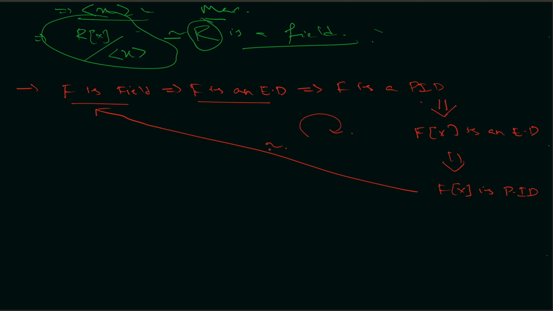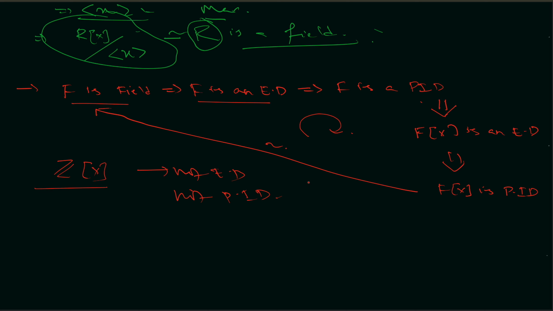But Z[x] is not an ED, not a PID. Okay, Z[x] is not an ED, and it is not a PID, because if it is not an ED then it cannot be a PID.